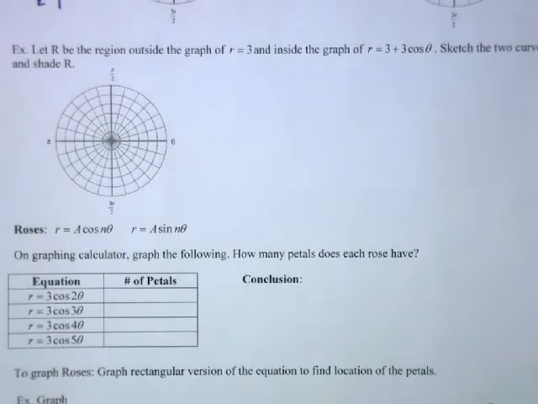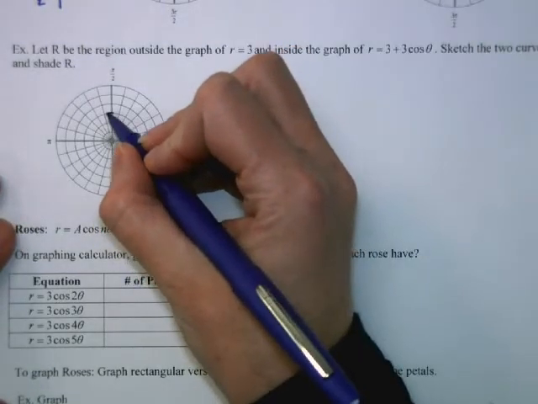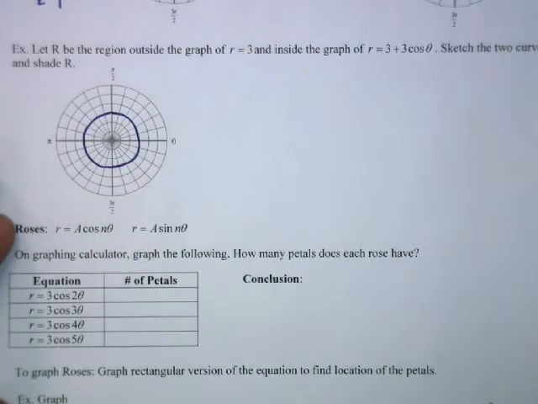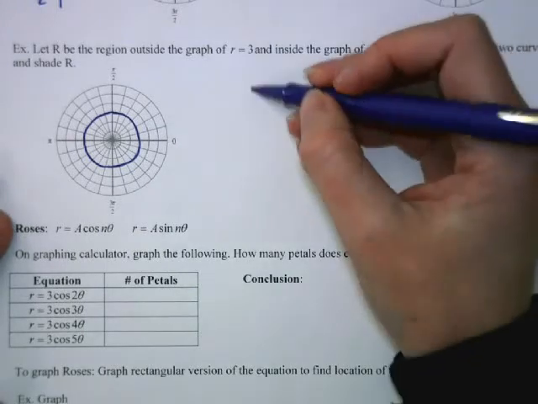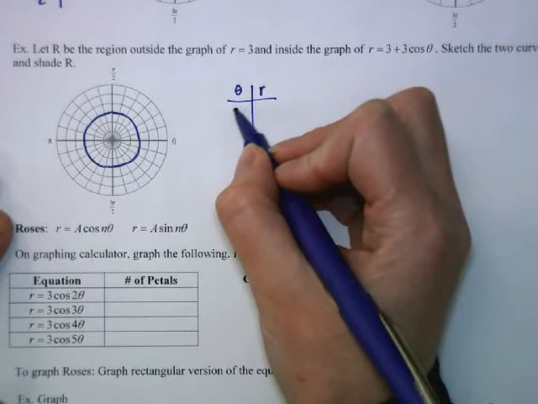Okay, let R be the region inside the graph of r equals 3 and inside the graph of r equals 3 plus 3 cosine theta. So r equals 3, 1, 2, 3 is just a circle at 3. For this one, we'll go ahead and plug in our values.